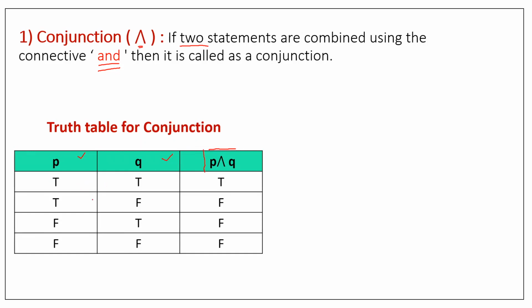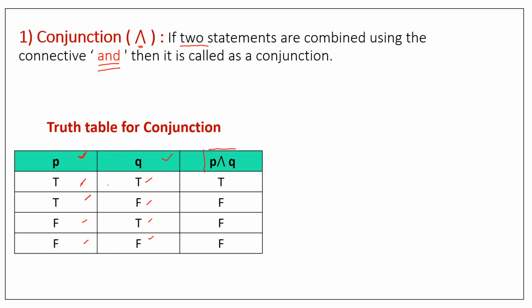As there are two statements, there will be four combinations of truth values. So we write P as T, T, F, F and Q as T, F, T, F. You have to remember it in this way. So what will be the conjunction of P and Q?